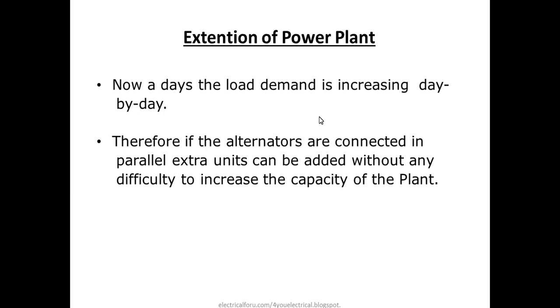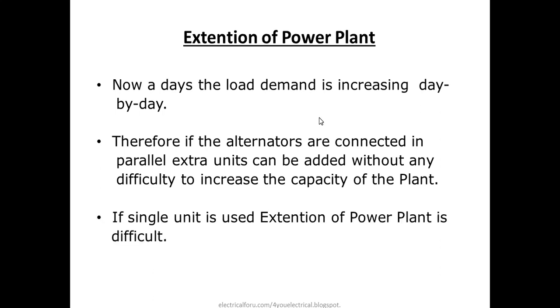Developing another power plant, such as a hydro power plant, nuclear power plant or thermal plant, takes much more time. To avoid that, if you add another alternator in parallel, it is easy to meet the increasing demand for power supply. If a single unit is used, extending the power plant is difficult.